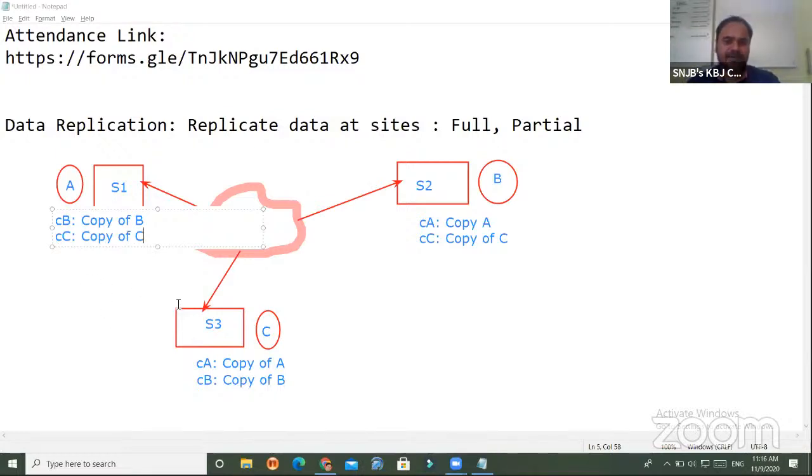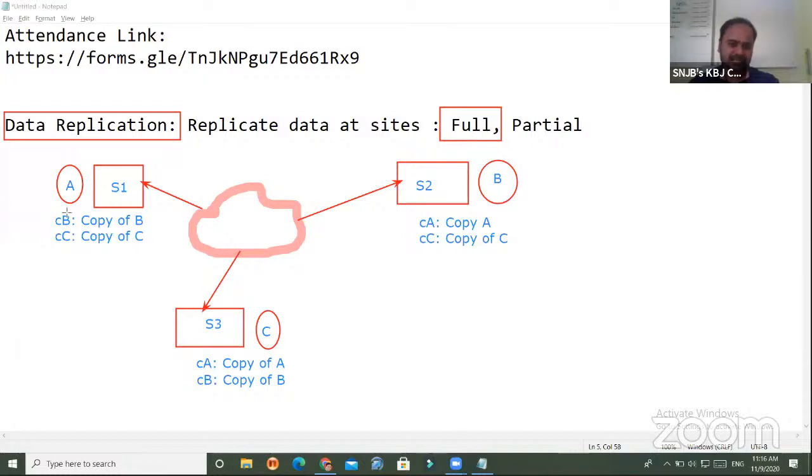Now, dear friends, please focus properly so that you will understand. I'm talking about the concept of data replication. Data replication means we have to make a copy of data, that is the database, at one or more sites. If we are copying that database at every site, it is known as full replication.